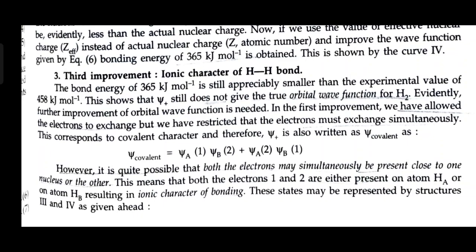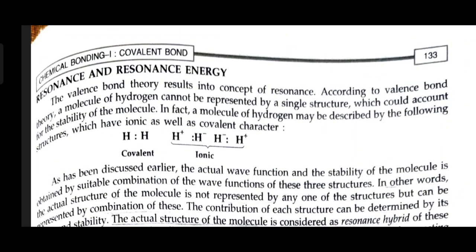However, it is quite possible that both the electrons may simultaneously be present close to one nucleus or the other. This means that both the electrons 1 and 2 are present either on atom HA or on atom HB, resulting in ionic character of bonding. These states may be represented by structures 3rd and 4th as given here. Resonance and resonance energy.